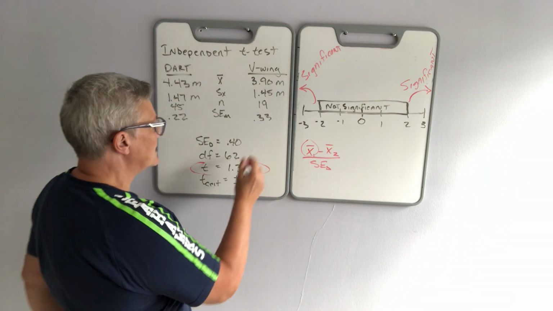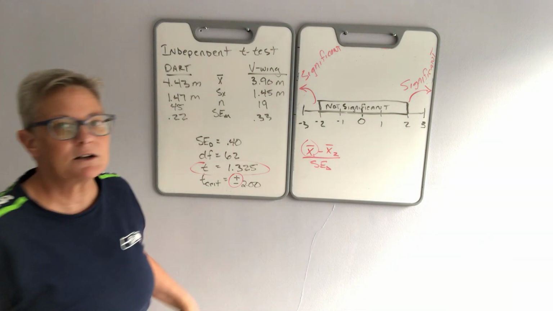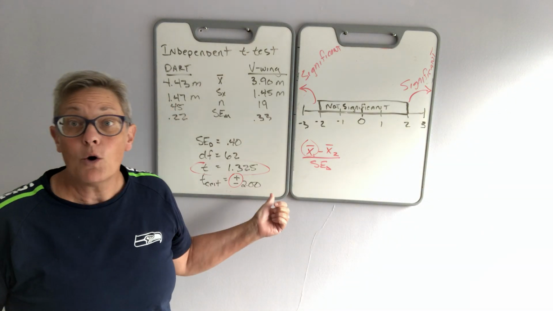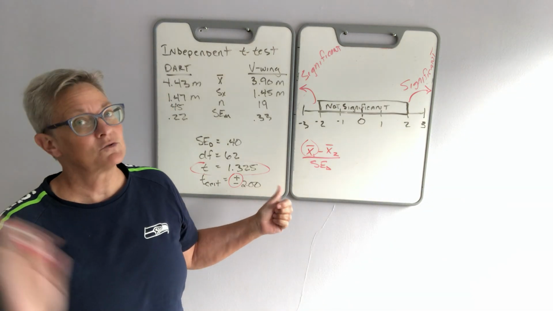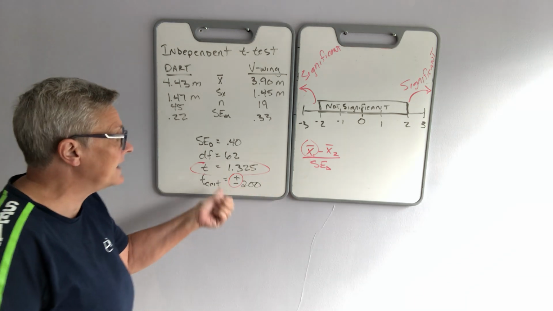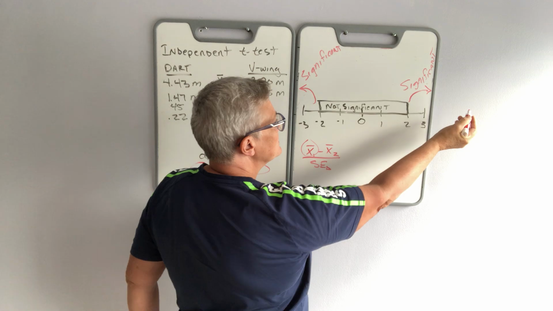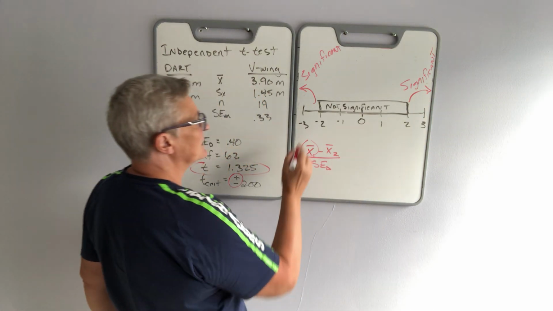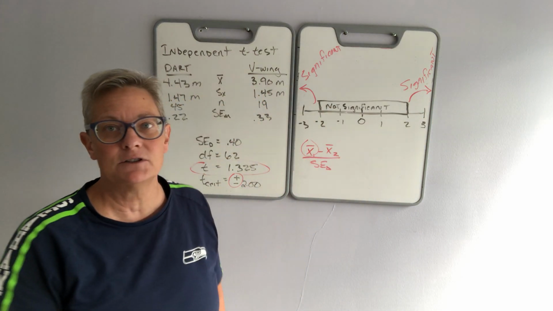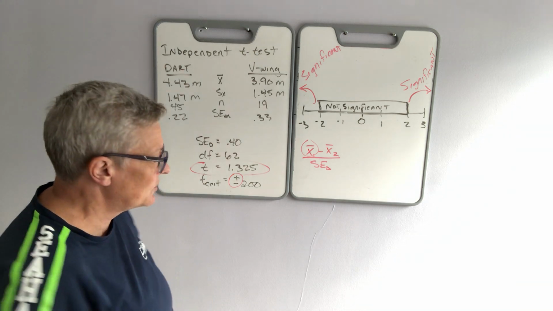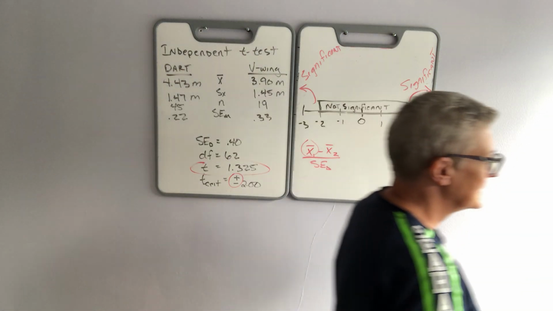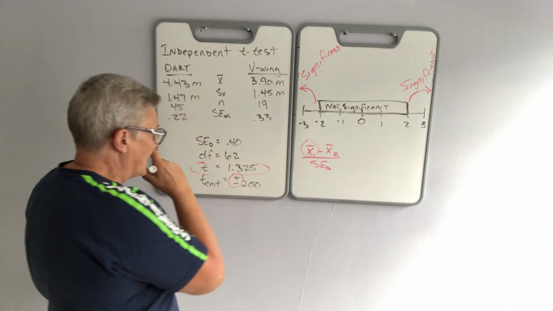So it comes out as a plus or minus. So in your t critical, always include the plus or minus. It's wrong if you don't. So you can see if it's greater than 2, it's going to be significant, or if it's less than -2, it's significant.